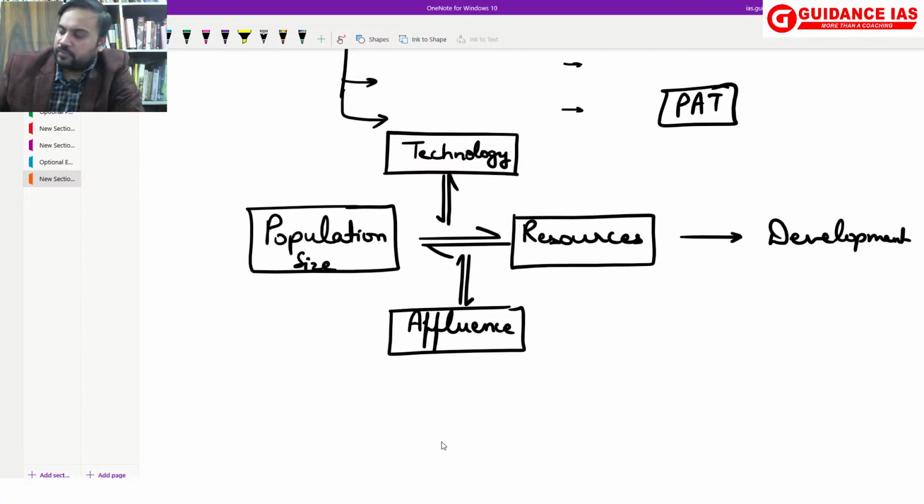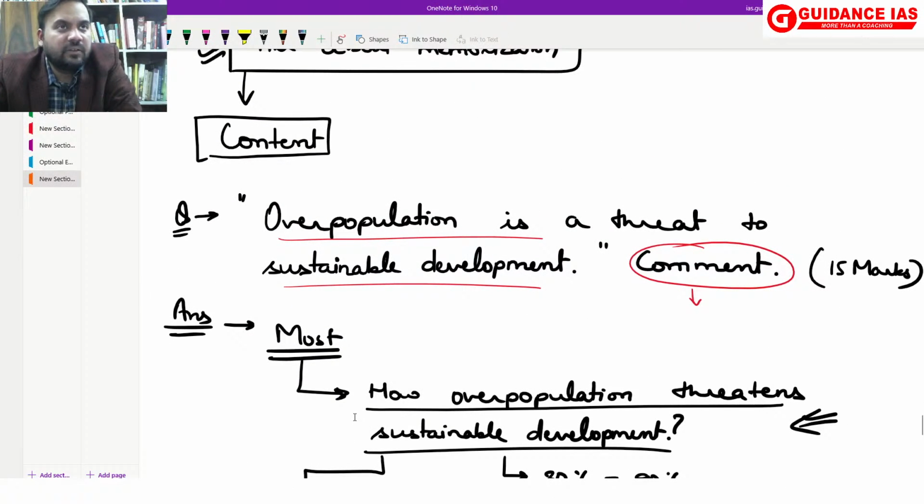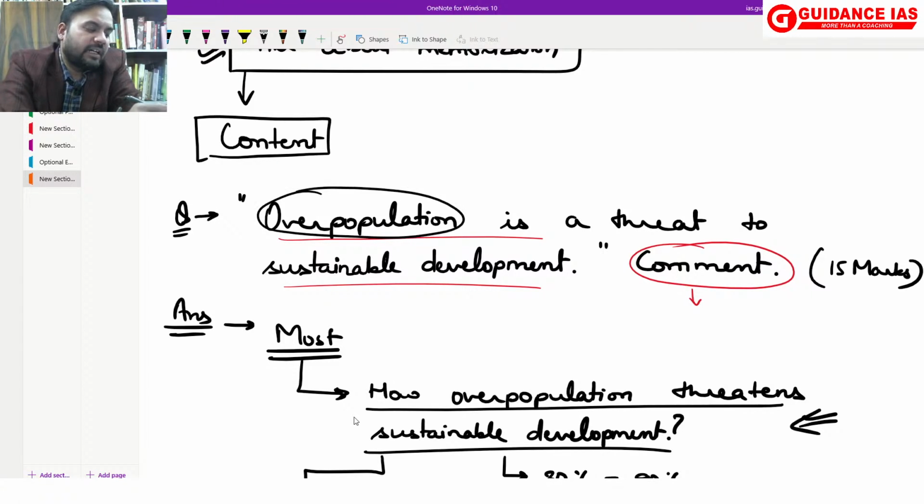So tell me now, when I have this content, when I know this theoretical framework, can I say that my answer would totally change now? Yes or no? It is saying overpopulation is a threat to sustainable development. And here I'll interpret overpopulation as high population size.